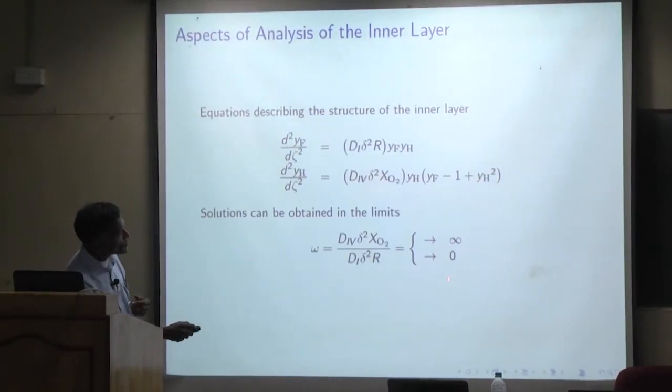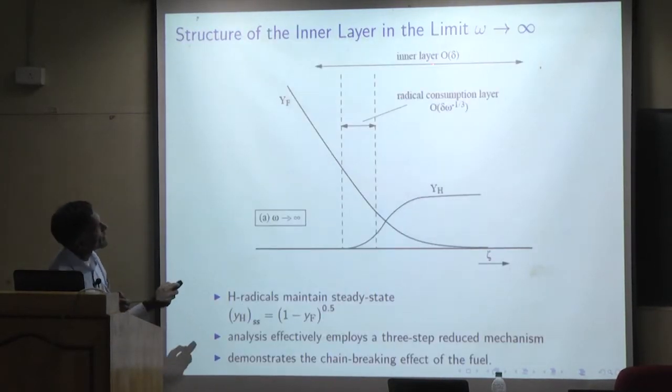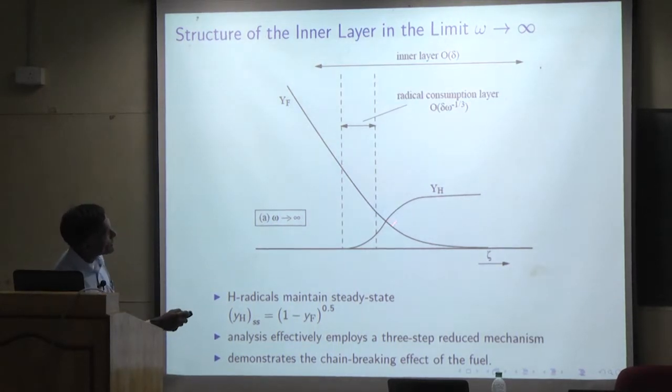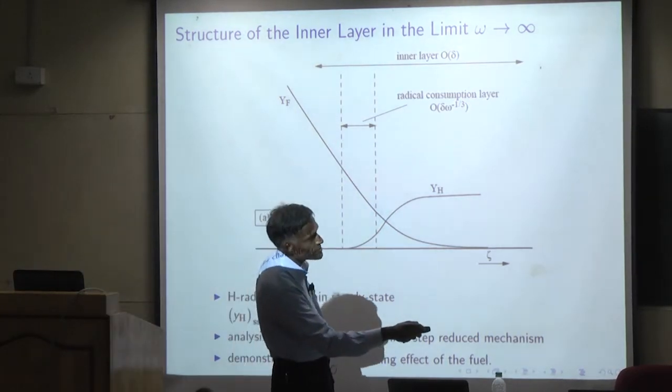The other limit is, of course, when this ratio is 0. Let me tell you what the implication of the infinite approximation is. If it says infinite, what that really means is that you see this Y_H does that, and follows that particular shape, something like that over there.